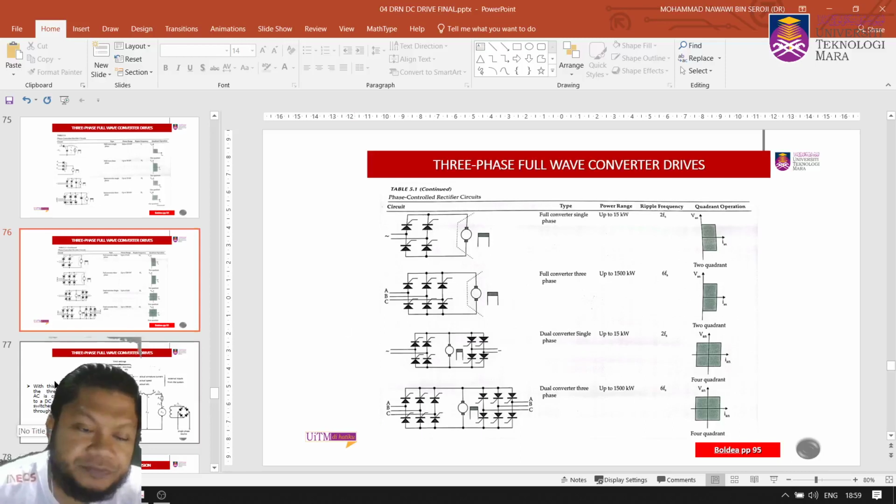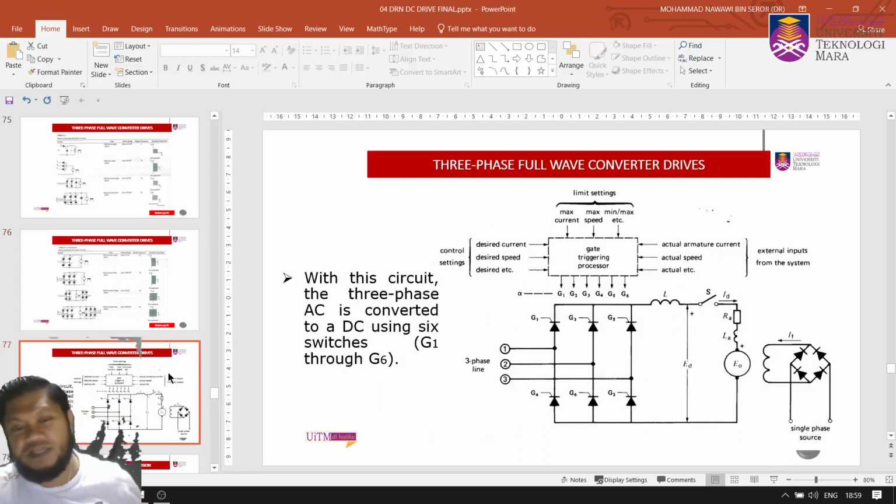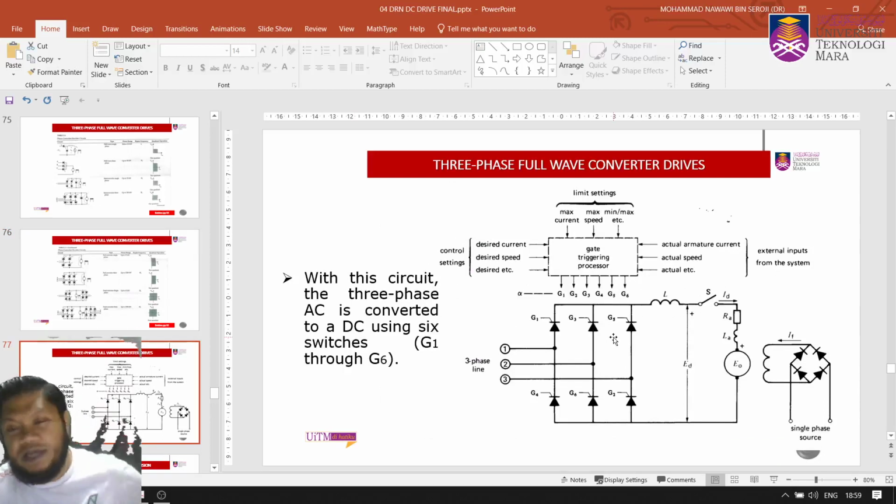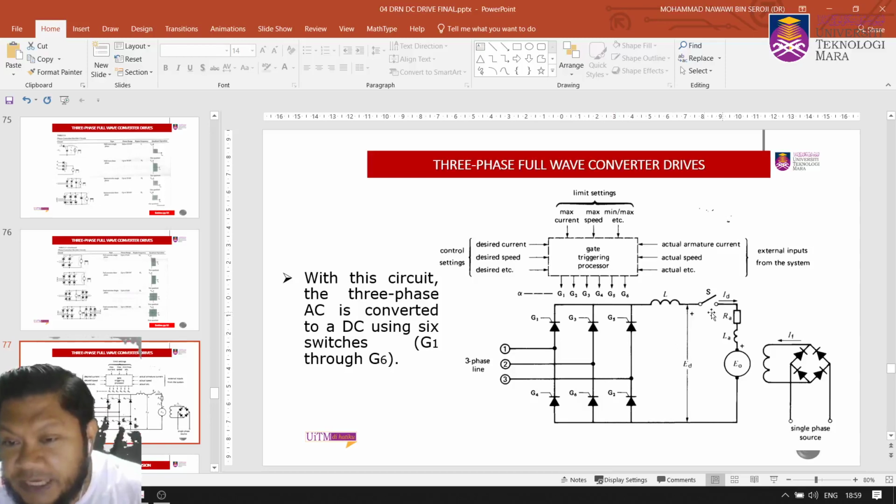Okay, so with this circuit, the three-phase AC is converted to DC using 6 switches. So you have 6 switches here, and the output is connected to the inductance, and you have the triggering, actual armature current, actual speed. So you have the reference.